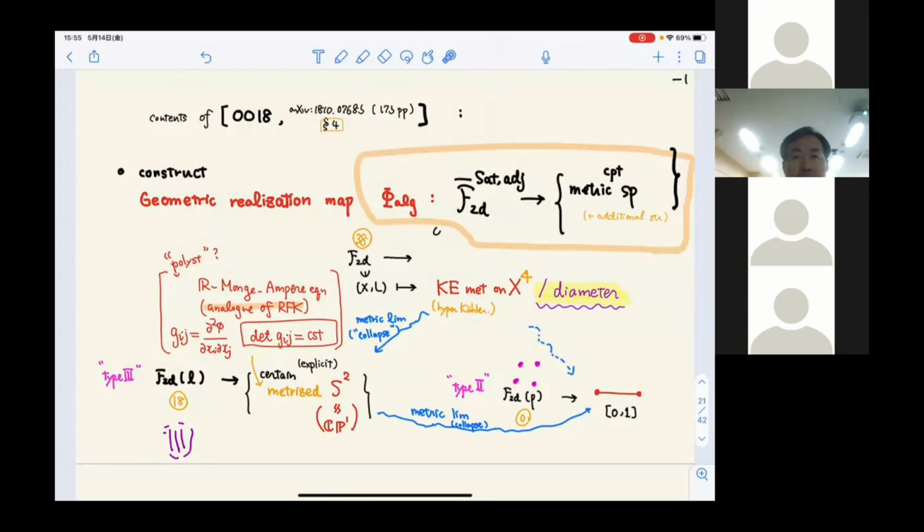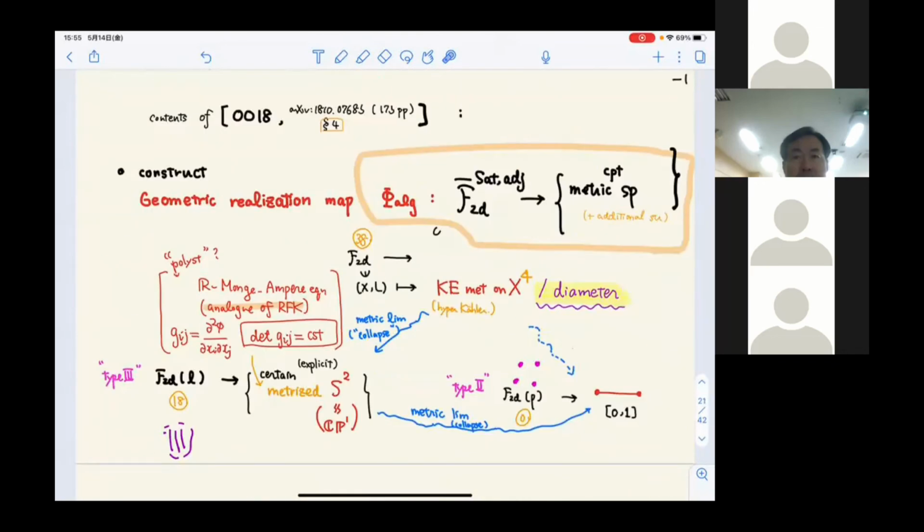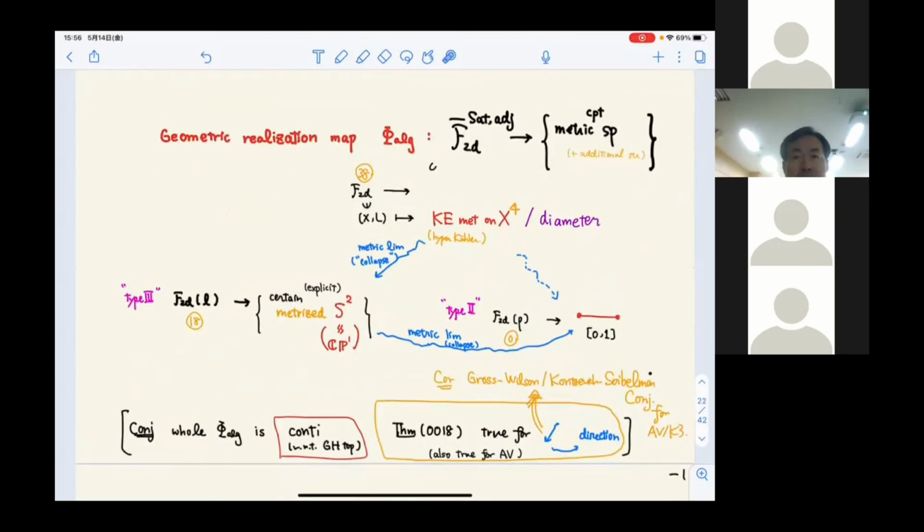Then what we prove, at least partially, is that these associations are continuous. The interior corresponds to K3 surfaces, which are real 4-dimensional, but if the K3 surface approaches this boundary, then this 4-dimensional manifold collapses to this metric space.